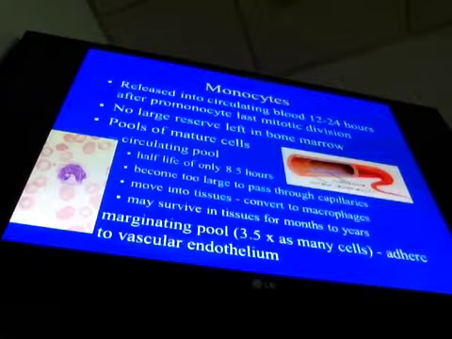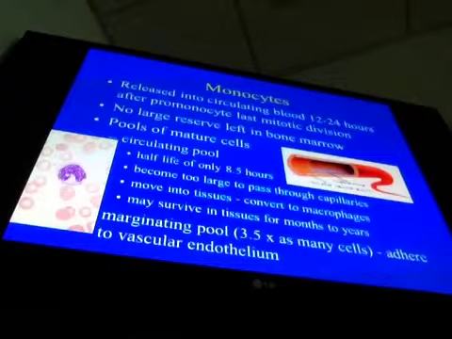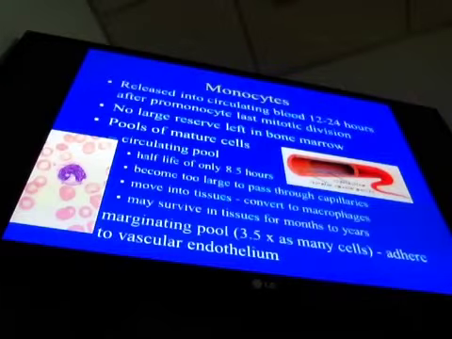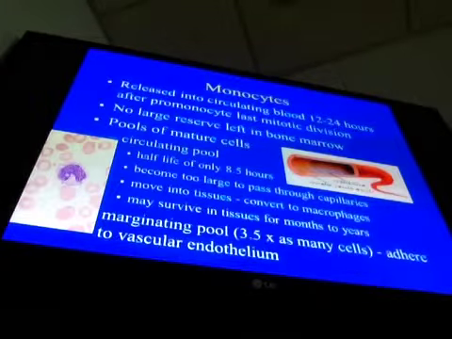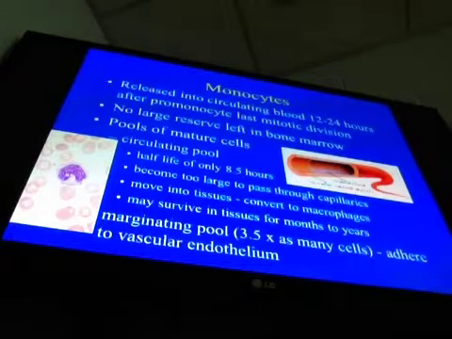So the monocyte, the mature monocyte, is released from the bone marrow into the blood between 12 and 24 hours after a promonocyte's last mitotic division. There are no large reserves of monocytes or promonocytes left in the bone marrow, but there are pools of monocytes and macrophages that are present throughout the body.